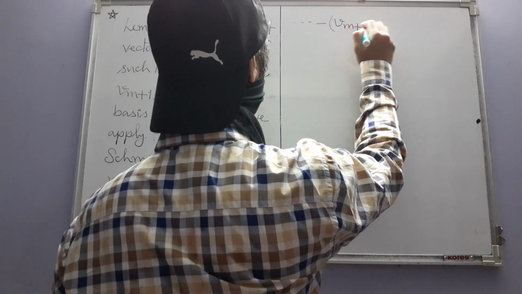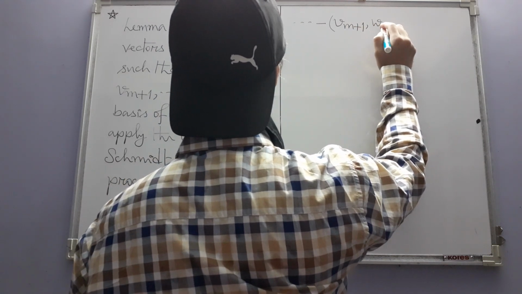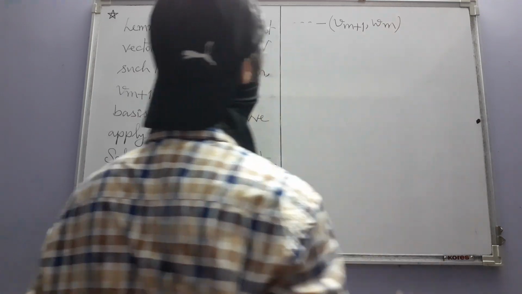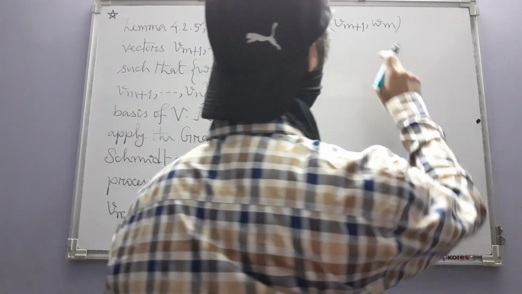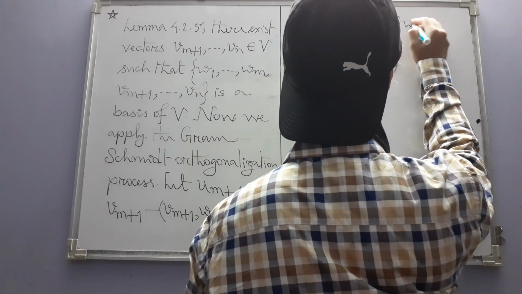Finally, the component of Vm plus 1 along Wm. Yeah, these things can confuse you sometimes if you are not careful about these indices.